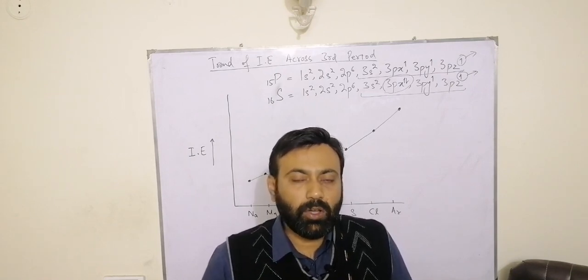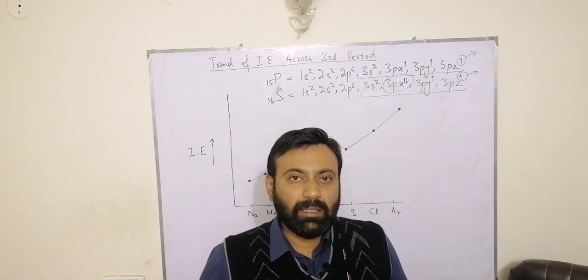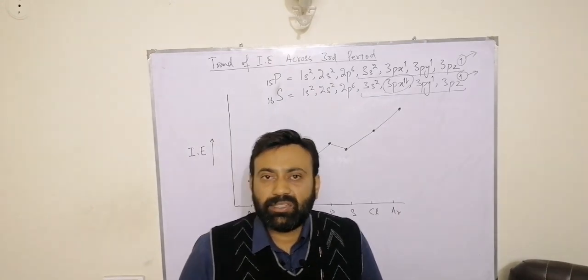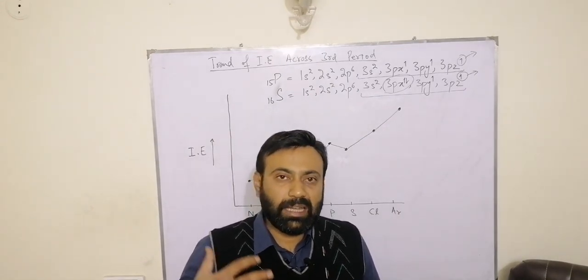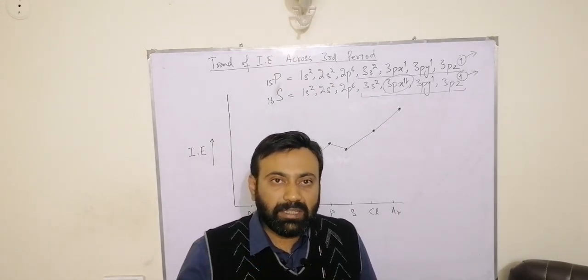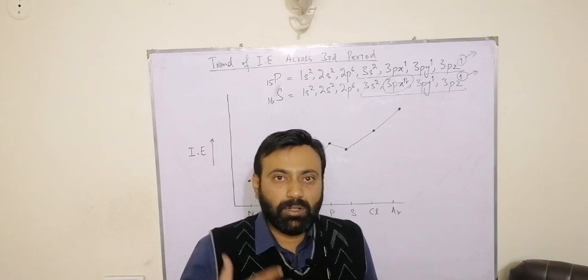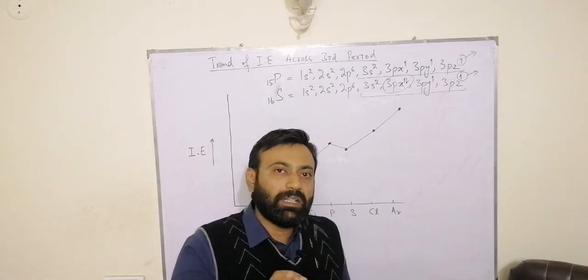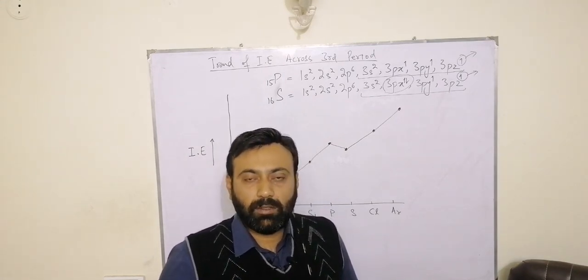I would suggest you all to write the explanations of each change in ionization energy in your notebooks and prepare them. I mean, you have watched the video. If you have understood the concepts, do not just note it down by watching the video alongside.